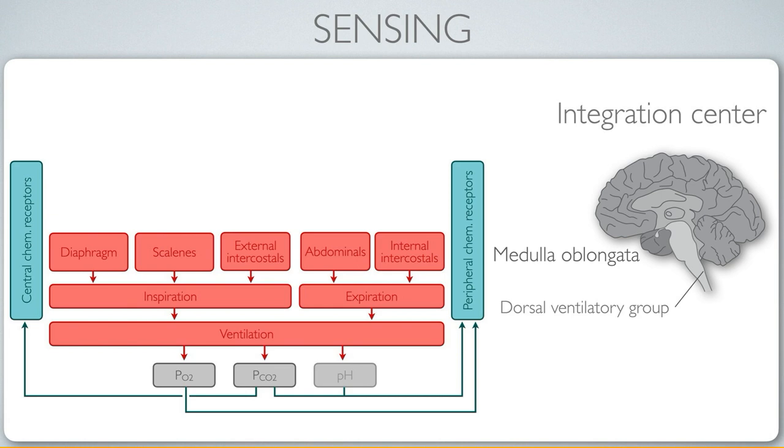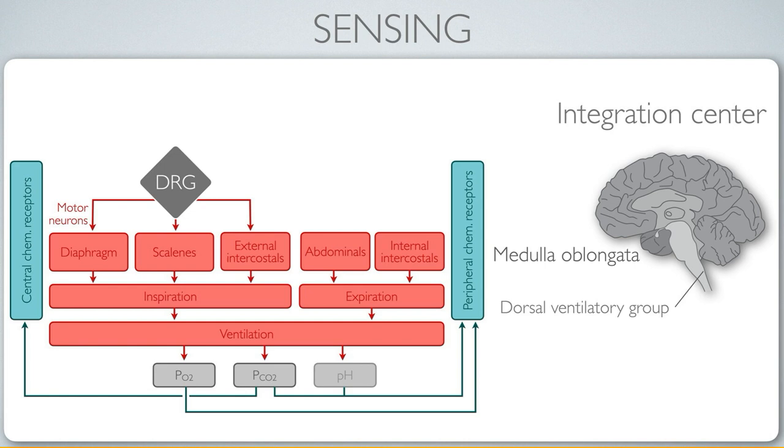There's one that's more dorsal. Okay, so on the drawing, dorsal would be towards the right. And the dorsal ventilatory group, just think of a cluster of interneurons, are responsible for activating the skeletal muscles that drive inspiration. So you have descending commands, ultimately a chemical synapse to motor neurons that activate those muscles.